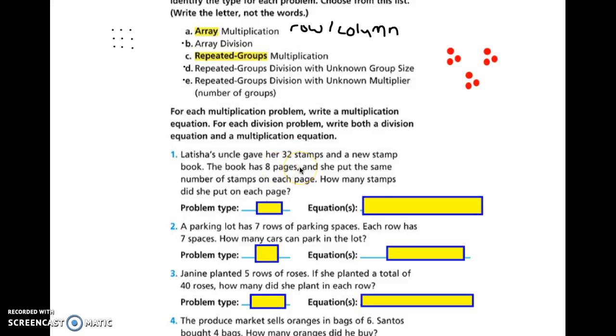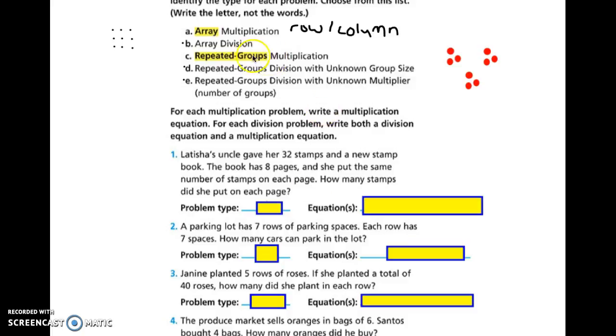The first thing I would decide is, is this a multiplication or a division one? Because that helps us eliminate some of these things. When I read this, I know it's a division problem because I have the total number of stamps and the number of pages, but I don't know how many things are on each page. So I'm going to have to do a division.